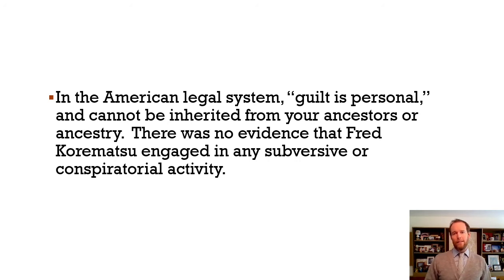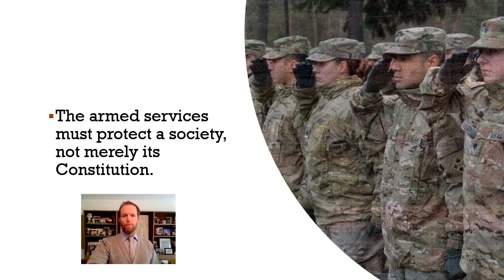In the American legal system, guilt is personal and cannot be inherited from your ancestors or ancestry. There is no evidence that Fred Korematsu engaged in any subversive or conspiratorial activity. The armed forces must protect a society, not merely its constitution.